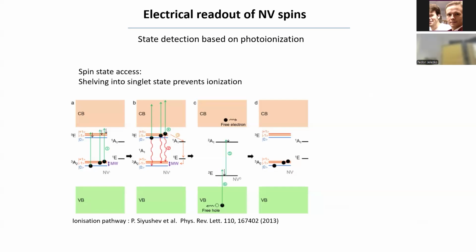And the NV center can recapture an electron from the valence band, leaving a hole, and get back to the NV minus state. So you start with NV minus, you put your NV center to NV zero, producing one electron. You take an electron from the valence band, leaving a hole, and you return to NV minus. After this cycle, you generated one photoelectron and one hole.